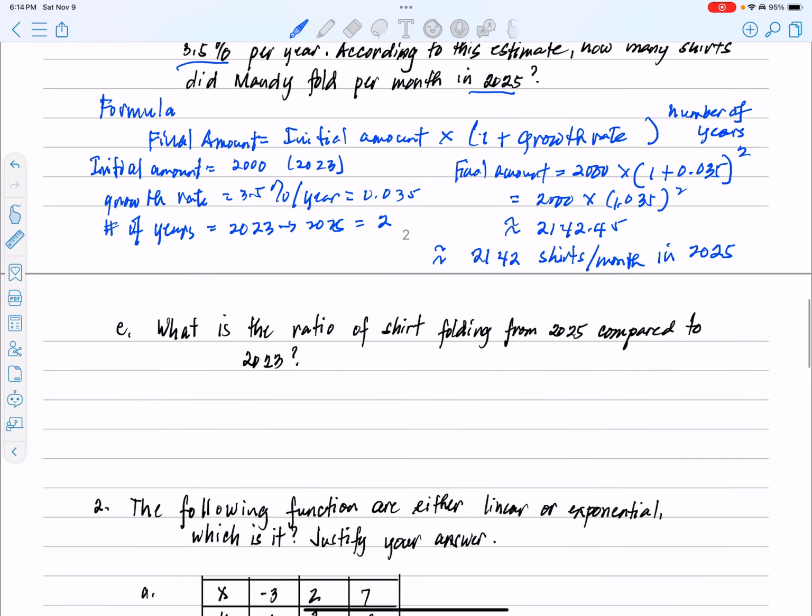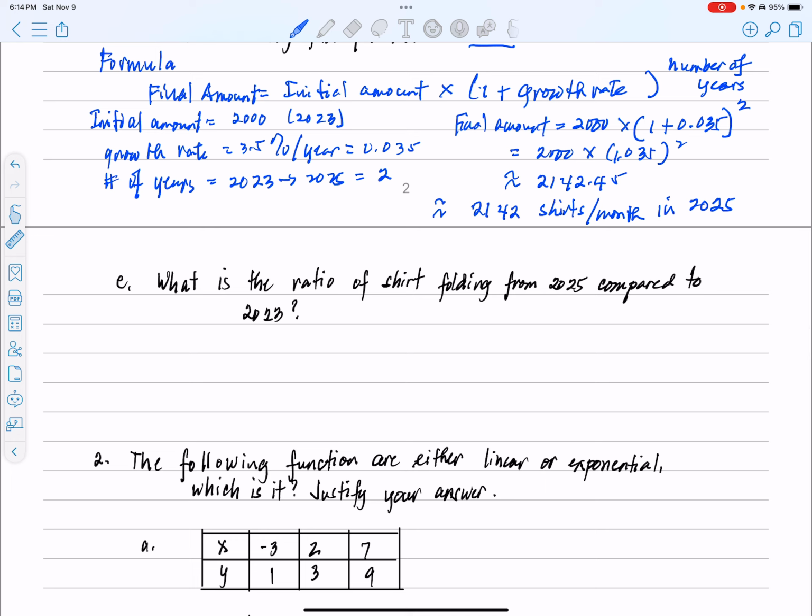What is the ratio of shirt folding from 2025 compared to 2023? So we're going to divide the number of shirts in 2025 by the number of shirts in 2023 to get the ratio.